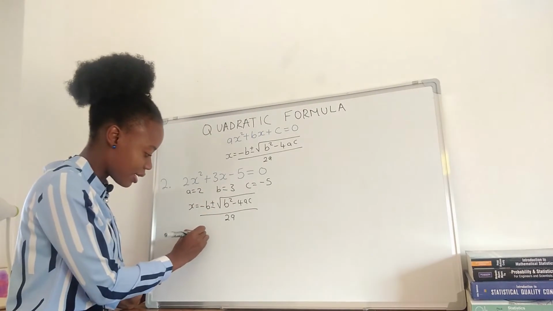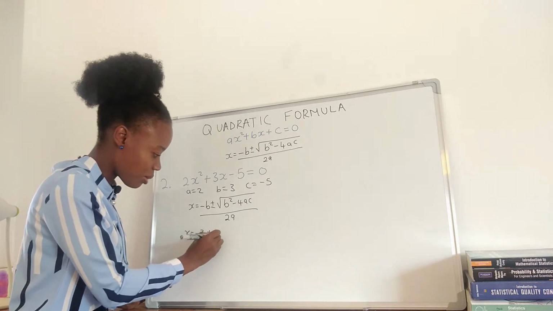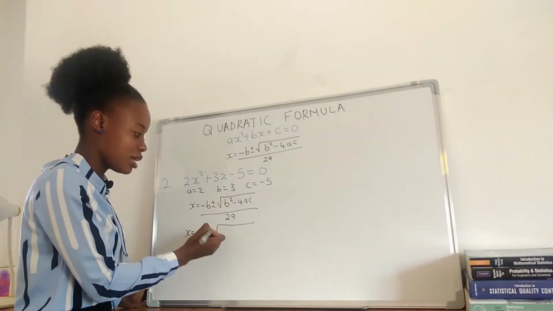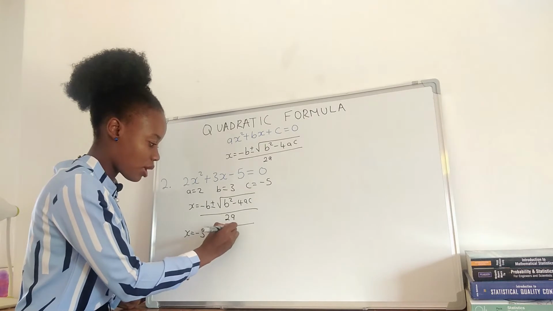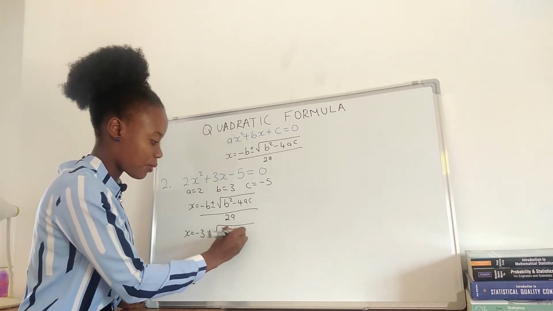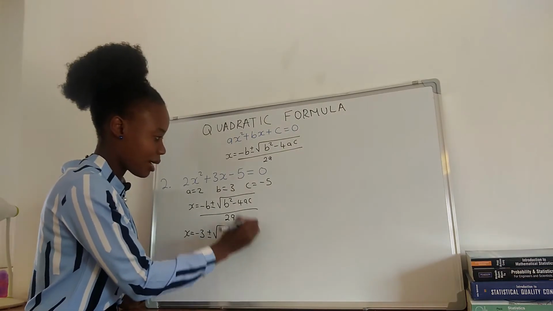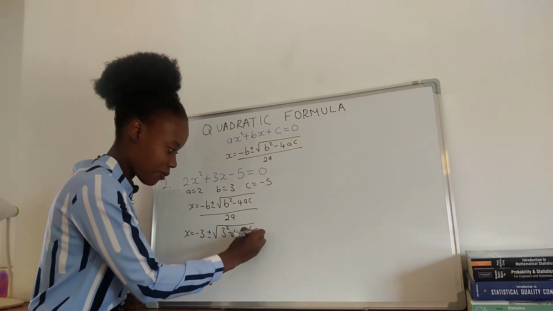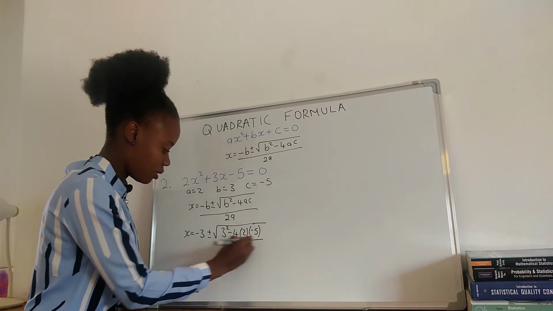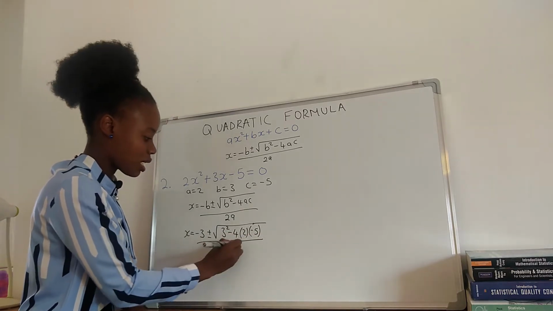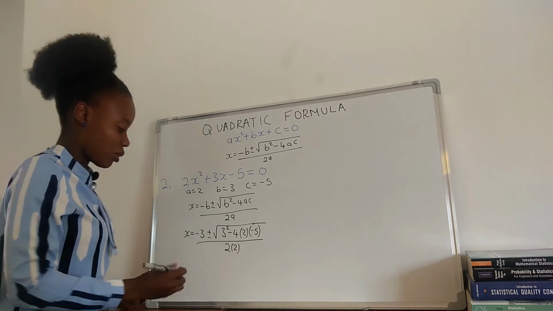So we're going to have negative 3 plus or minus the square root of 3 squared minus 4 times 2 times negative 5, all over 2 times 2, okay?